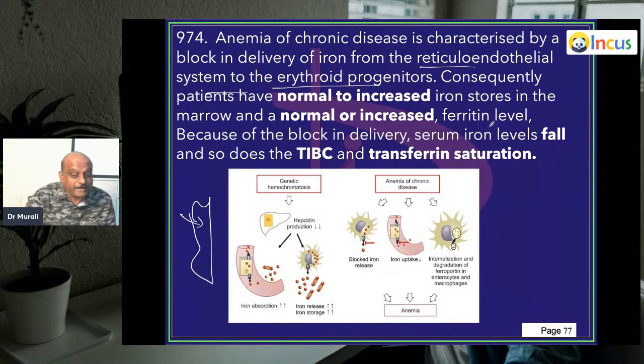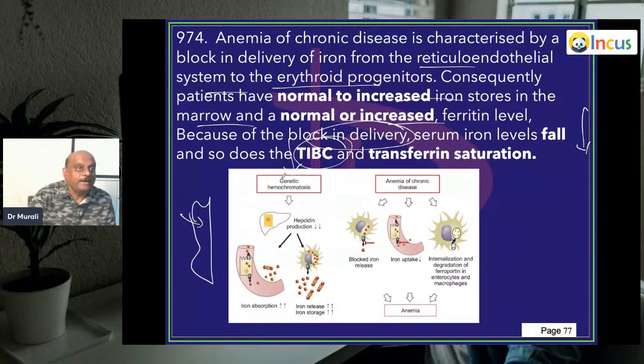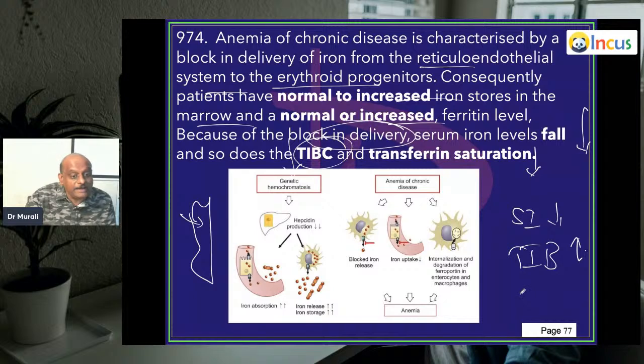Because of that, the patient has increased iron stores in the marrow, increased ferritin levels, but because there is a block in the delivery of the iron, the serum iron level will fall, TIBC, total iron binding capacity, will fall and transferrin saturation will fall. But in iron deficiency, serum iron is low, TIBC is high. Whereas in anemia of chronic disease, serum iron is low, TIBC is also low. That's the differentiator between the two.